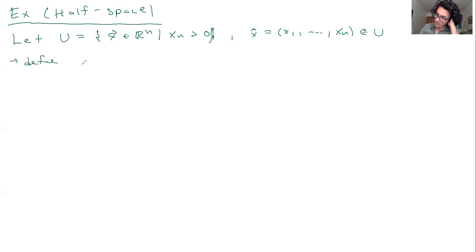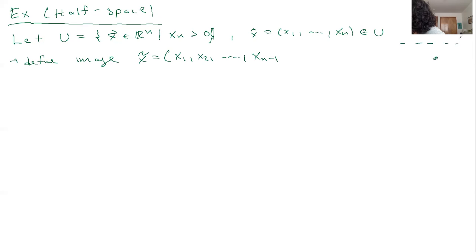Now, what are these image points going to be? Well, we're going to call them x tilde, and they're going to look a lot like my x up here. But remember, x tilde should be a reflection across the 0 axis here, right?